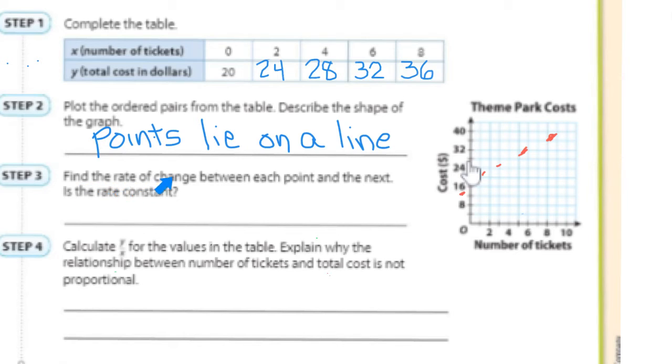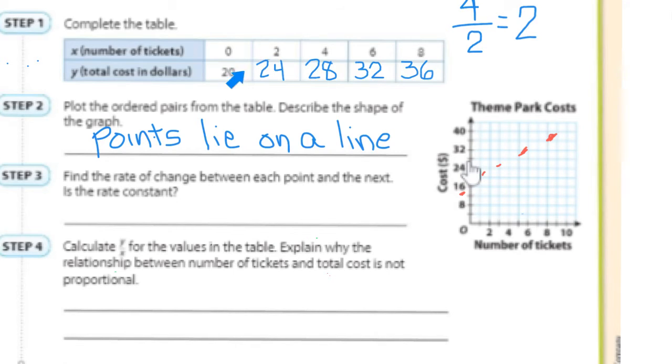Find the rate of change between each point and the next. Is the rate constant? So my rate of change, 20 to 24, y went up by 4, x went up by 2. So I can say it went up by 4 on the y, up by 2 on the x, and that would equal 2.